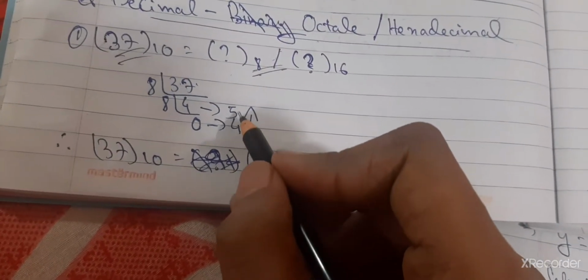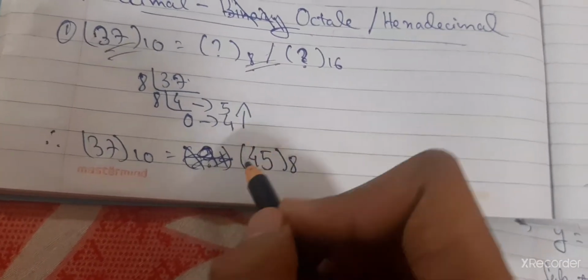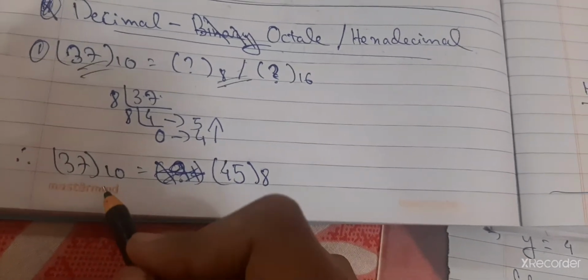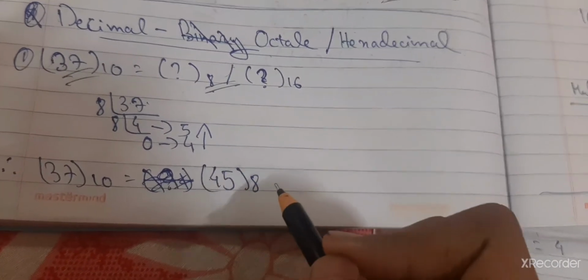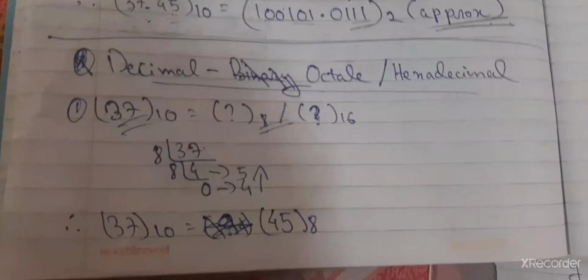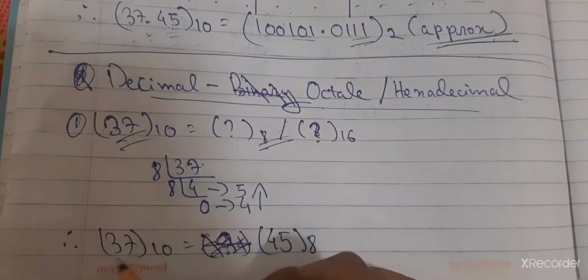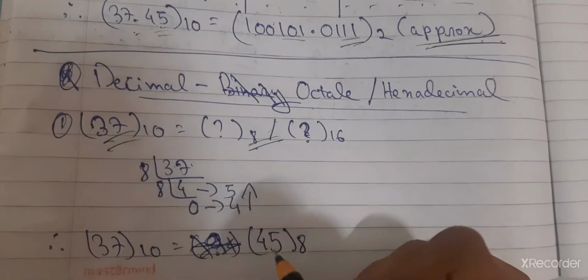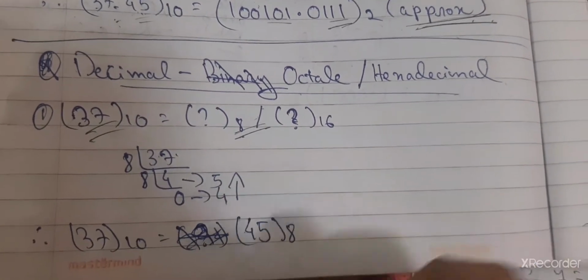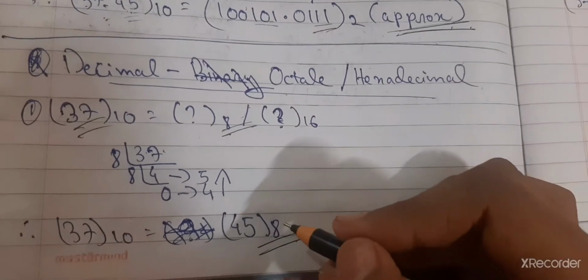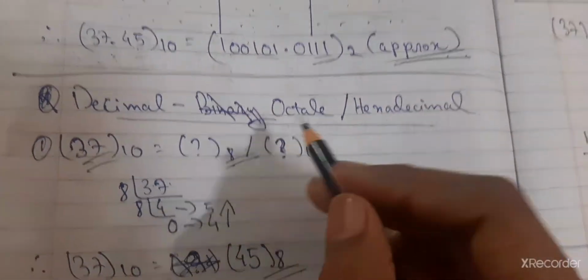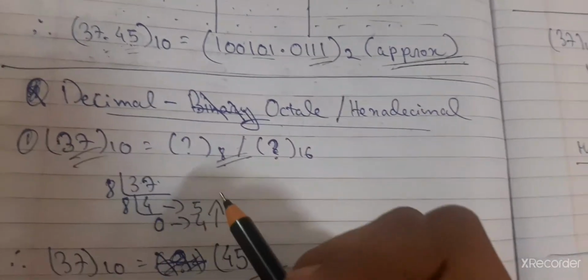So for 4 and 5, 37 to the base 10 in decimal will give us 45 to the base 8. This is in case of a normal number, that is from decimal to octal.